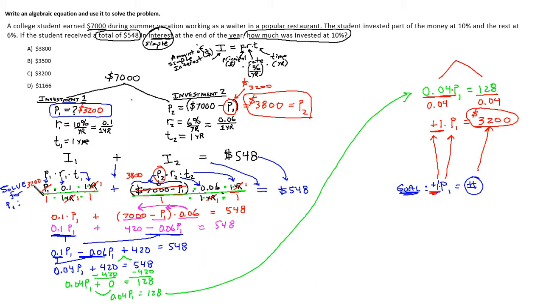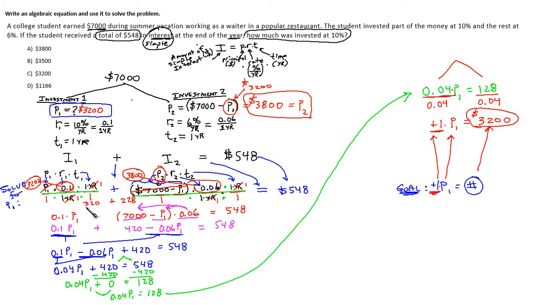And see if after we multiply, I'm going to go ahead and do it right here. 3,200 times 0.1. What do we get? 3,200 times 0.1 is 320. This makes 320 plus, okay, 3,800 times 0.06. 3,800 times 0.06 is 228.